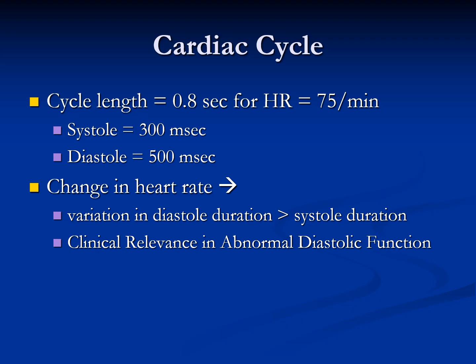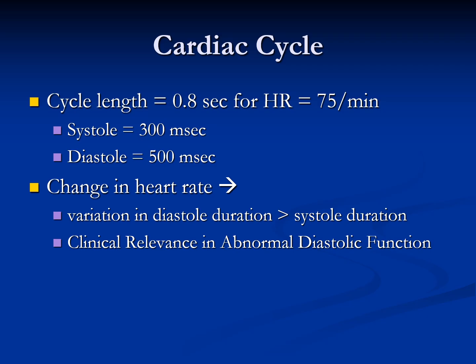Now, as we said, the length of each cardiac cycle depends on your heart rate, but an important distinction to make is that systole, for example, if you have a heart rate of 75, the cycle length would be 60 over 75, which is 0.8 seconds for each heartbeat, for each cycle. As heart rate increases and decreases, the cycle length will change.